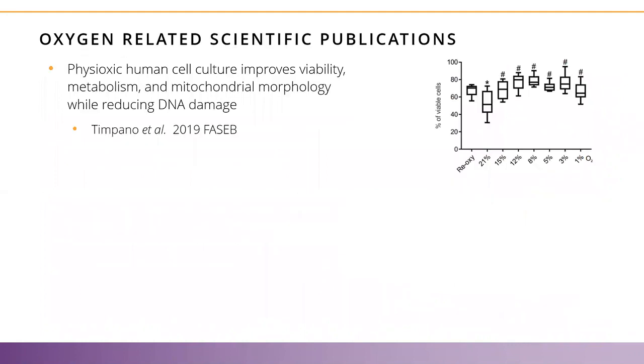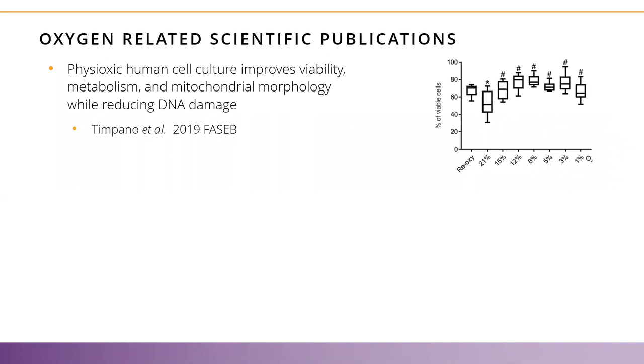One of the more recent publications, by Timpano et al., shows cell viability in incubators regulated at different oxygen concentrations, ranging from 21% to 1% oxygen. In this figure, it's clearly shown that, comparing 21% versus the top region of about 8 to 5%, median cell viability is higher at 8% than at 21%.